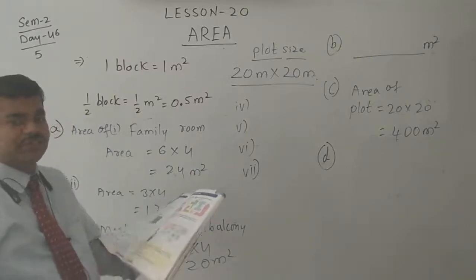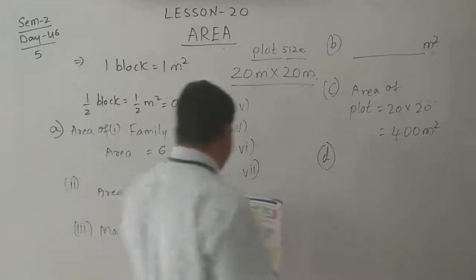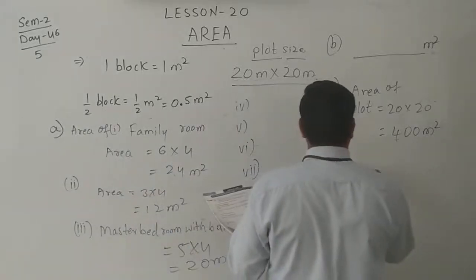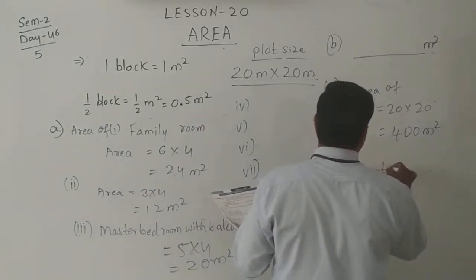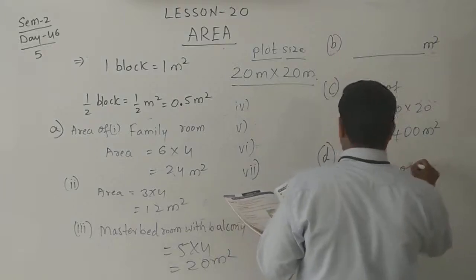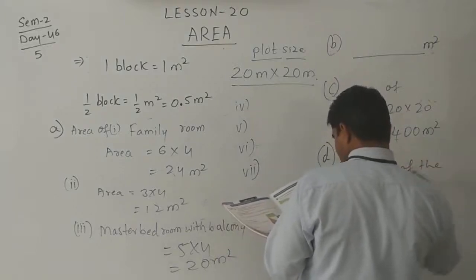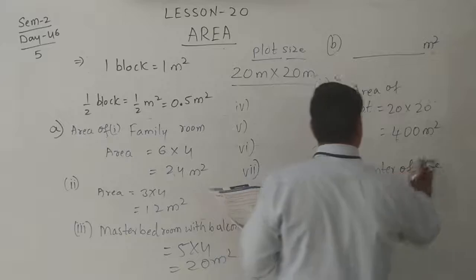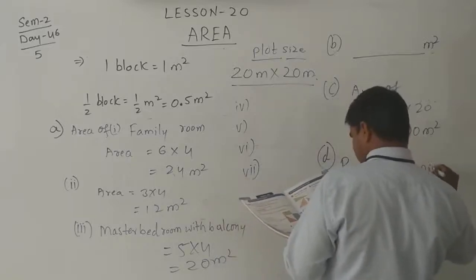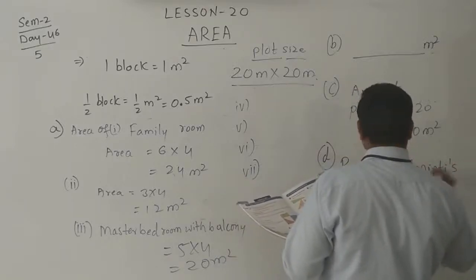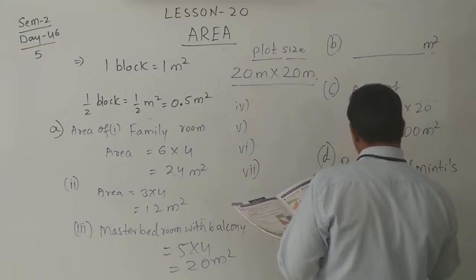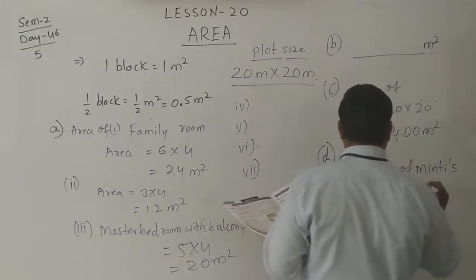We can count all this. The perimeter we can write while counting, perimeter of Minty's house.